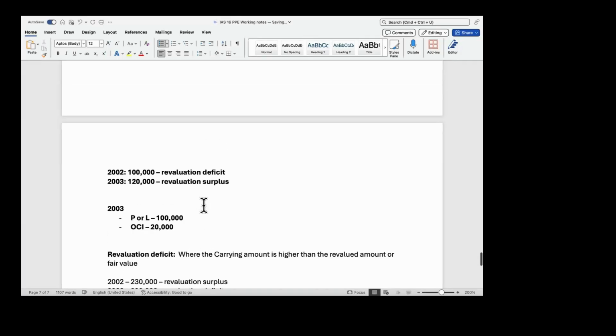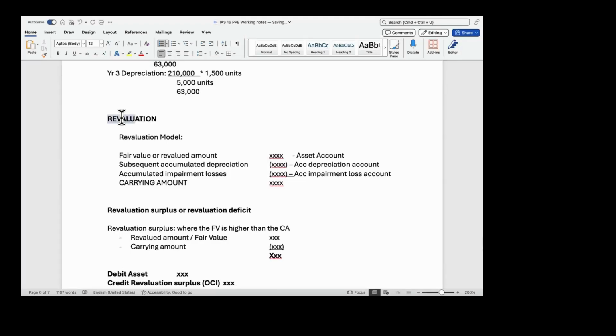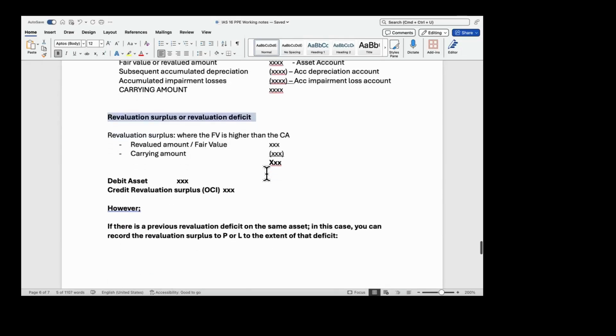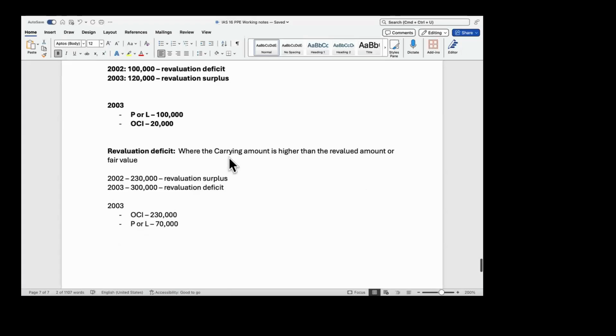So this is how revaluation surplus and deficit work. Anytime we have revaluation, at the date when you do your revaluation, the first thing you will need to deal with is revaluation deficit and surplus at that date of revaluation. And this is how you compute it, comparing that revalued amount against your carrying amount. If it is a surplus, surplus goes to OCI. If it is a loss, loss goes to P&L.